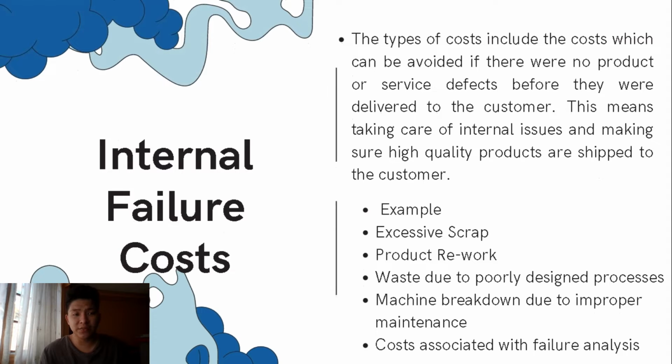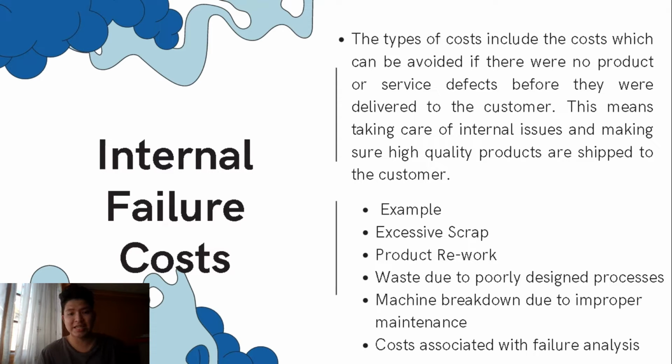And then the internal failure cost. These types of costs include costs which can be avoided if there were no product or service defects before they were delivered to the customers. This means taking care of internal issues and making sure high quality products are shipped to the customer. So the internal failure cost is the cost before the products were delivered to the customer.